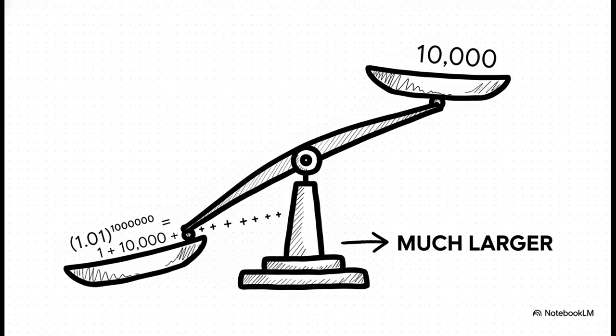Now let's just expand the first two terms using our theorem. The first term is always 1. The second term is 10 lakh times 0.01, which is 10,000. So just the first two terms give us 1 plus 10,000. And then there are a whole lot of other positive terms after that. So it's obviously, clearly, much, much larger than 10,000. And just like that, problem solved in 2 simple steps.